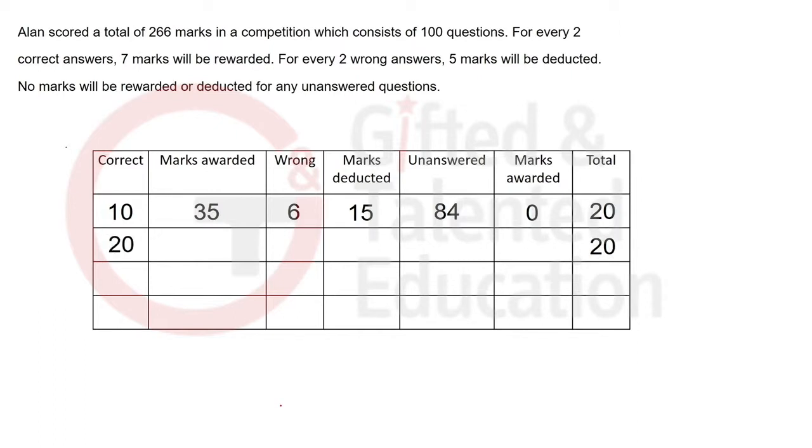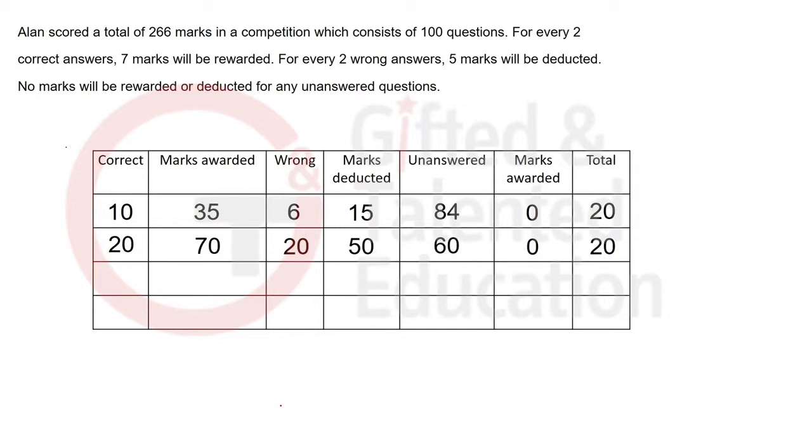Suppose we increase the number of questions answered correctly to 20 while keeping the total score fixed. So with 20 questions answered correctly, the marks awarded would be this. After several trials and errors, we notice that in order to keep the score fixed, we need to increase the number of questions answered wrongly to 20, giving us 50 marks deducted, and also decrease the number of unanswered questions to 60.